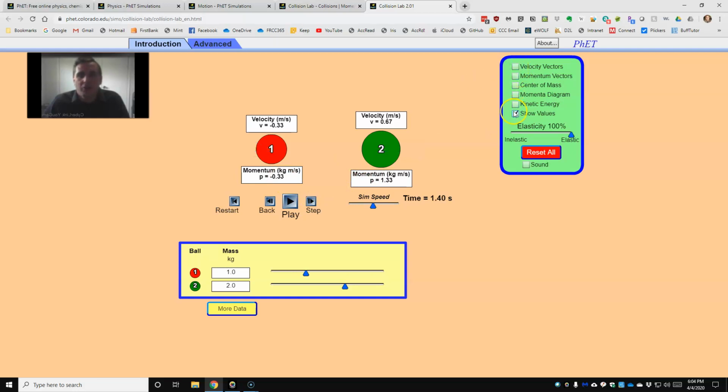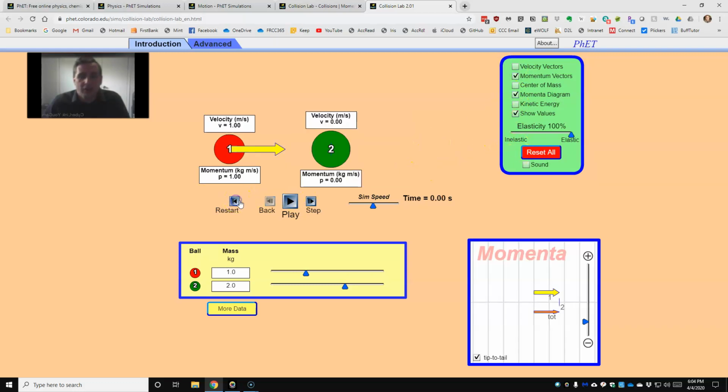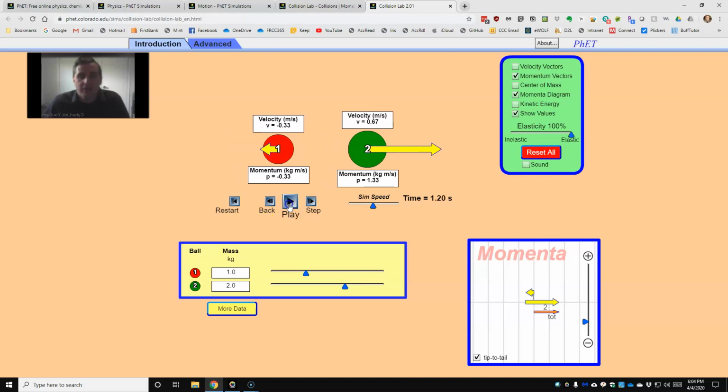Let's in fact show the momentum diagram and the momentum vectors again. Okay, and let's restart. Notice that the total momentum is all ball 1 to begin. After the collision, the negative momentum of ball 1 and the positive momentum of ball 2 add to the total momentum of the system. Okay, hope this is making some sense.